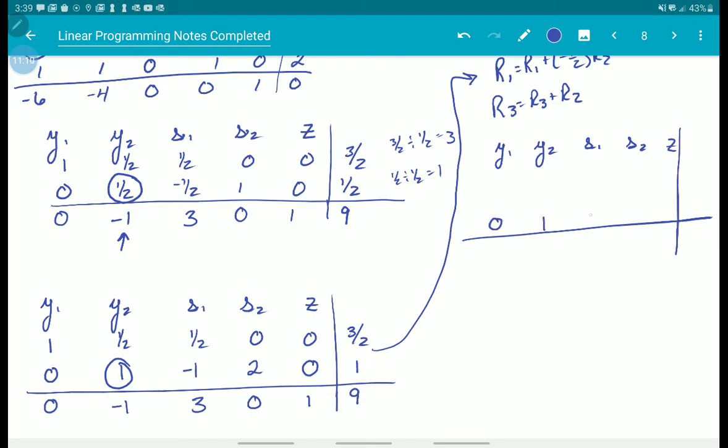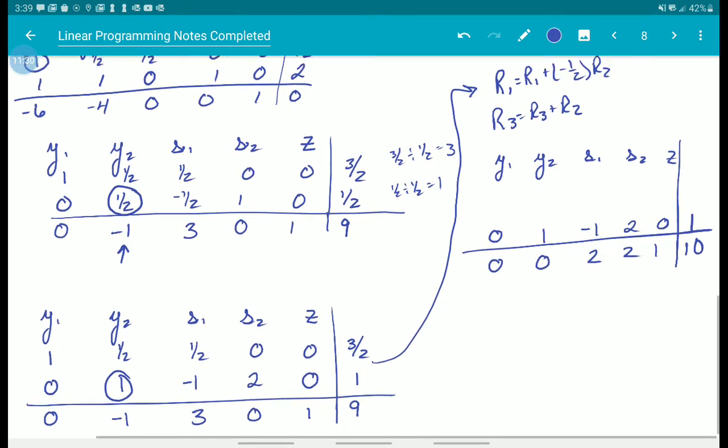Row 2 stays the same. Row 3 is just row 3 plus row 2, so I'm going to go ahead and do that one first. And then row 1 is row 1 plus negative 1/2 row 2.